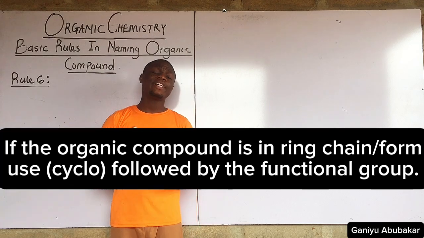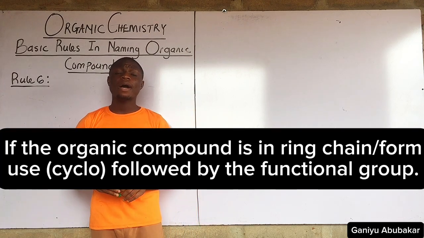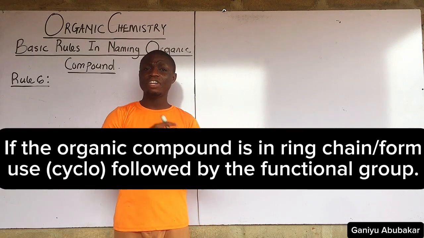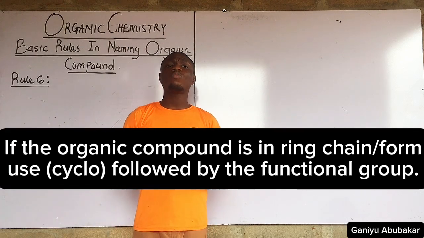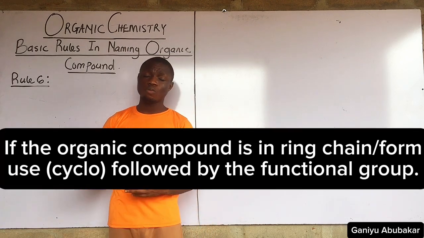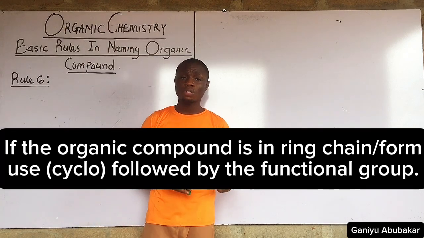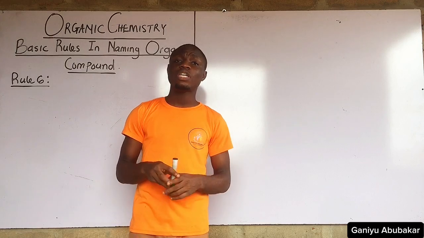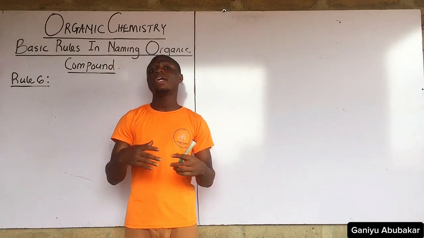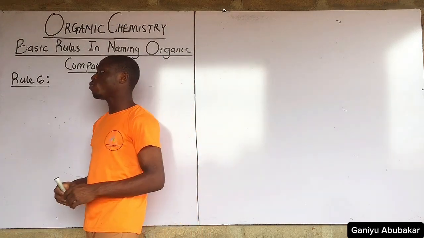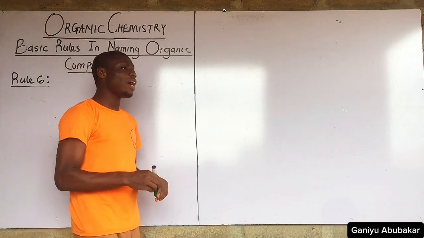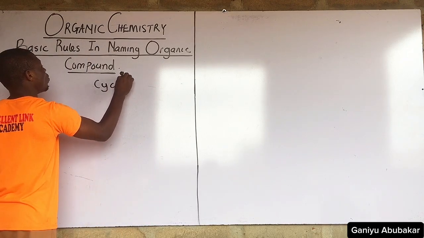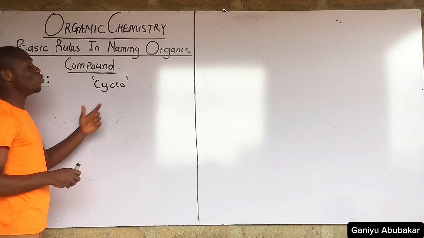So I'm saying that in the organic compound where the hydrocarbons are arranged in ring form, use the word cyclo followed by the functional group. Is an alkane a single bond, alkene double bond, alkyne triple bond, OH that's alkanol or alcohol, and so on. So to further explain the concept behind rule 3, I said use the word cyclo.